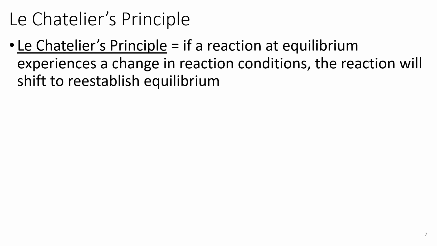So we also want to quickly review Le Chatelier's principle because we are going to be dealing a lot with equilibrium processes. Le Chatelier's principle tells us that if a reaction is at equilibrium and it experiences a change in reaction conditions, the reaction will shift to reestablish that equilibrium.